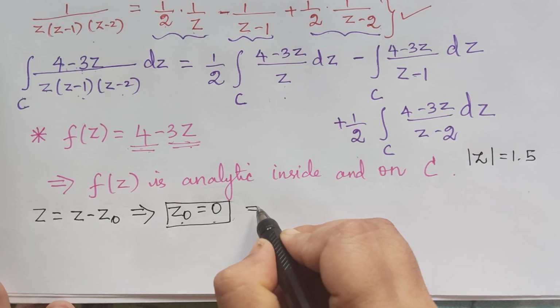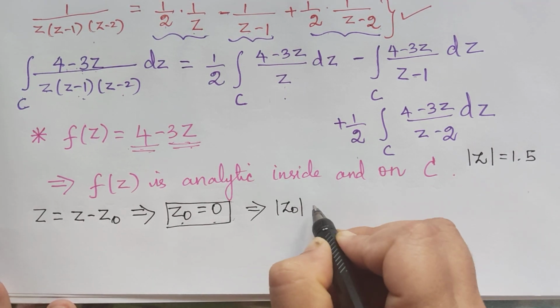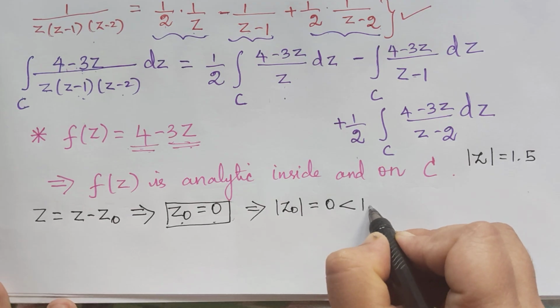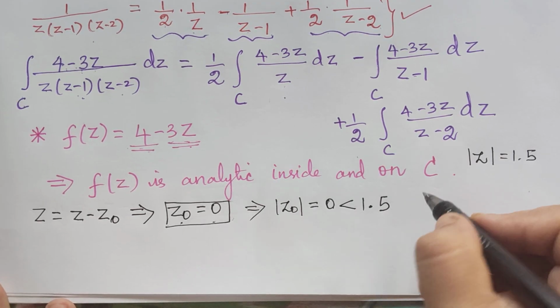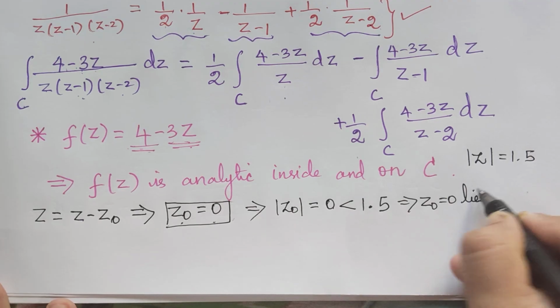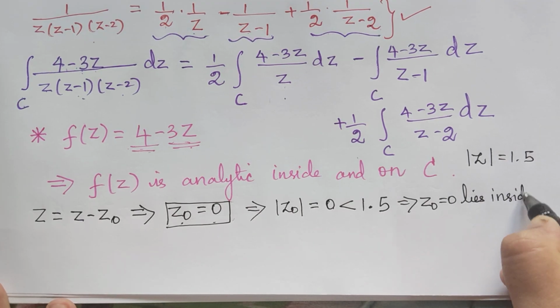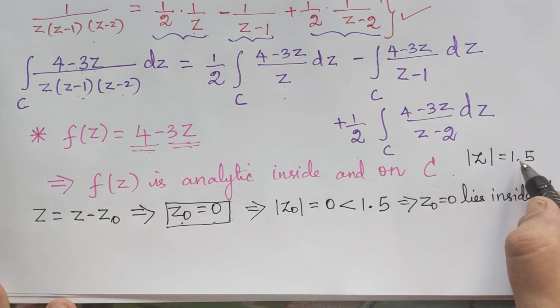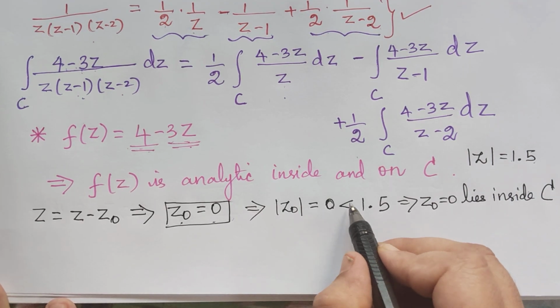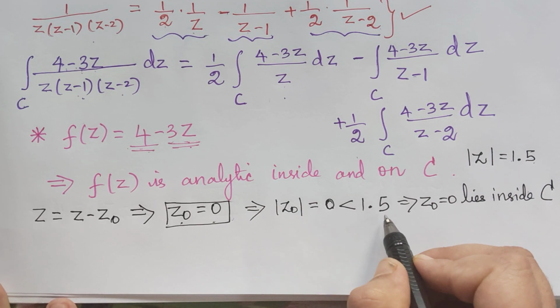What is modulus of z naught? It is equal to 0 only, and 0 is obviously lesser than 1.5. So we can say that z naught equal to 0 lies inside the circle C, because the radius is 1.5 and modulus of z naught is 0, which is lesser than 1.5.